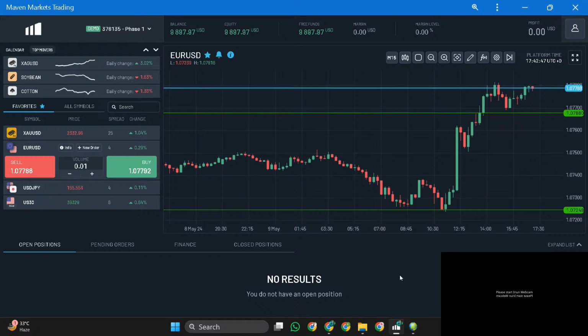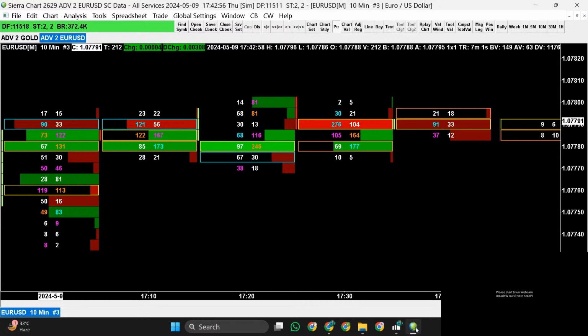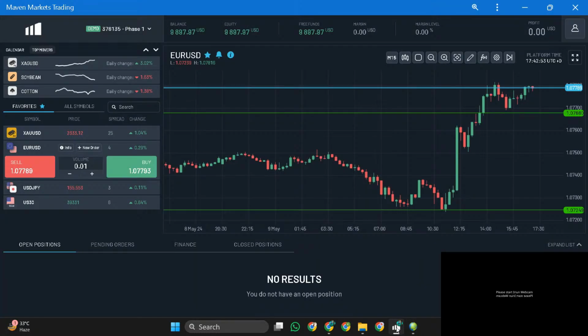So for the time being, I'm thinking about a sell position in euro, but we have to wait and watch. So I am going to make a sell in euro.